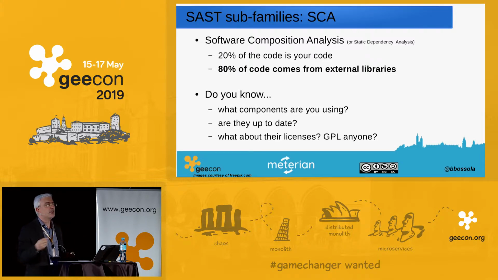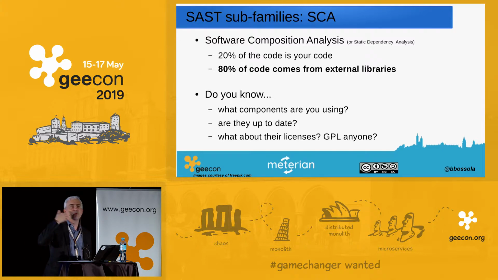And you have to understand that those libraries have a different lifecycle from your code. They will release every month, every week, or every year, I don't know, but it will differ from your lifecycle. So how do you know you're using the latest version of the library? How do you know that the version you're using is not affected by a very well-known vulnerability?